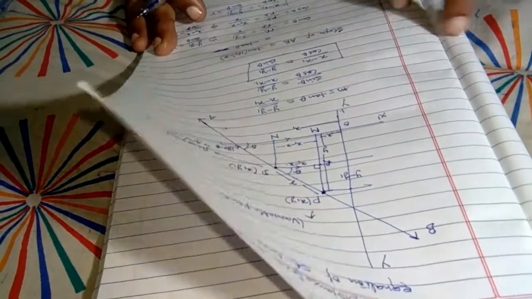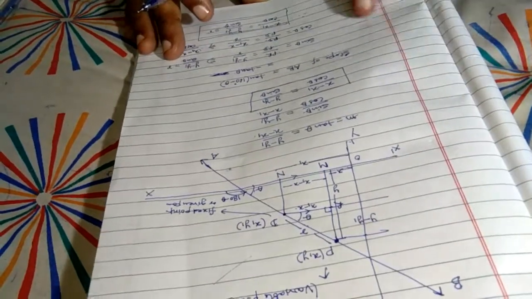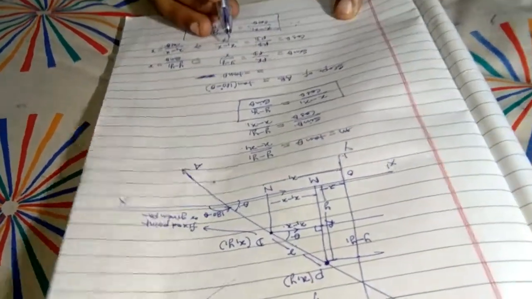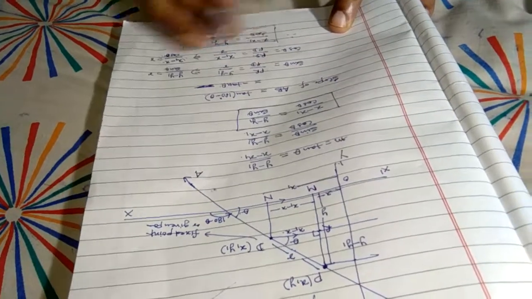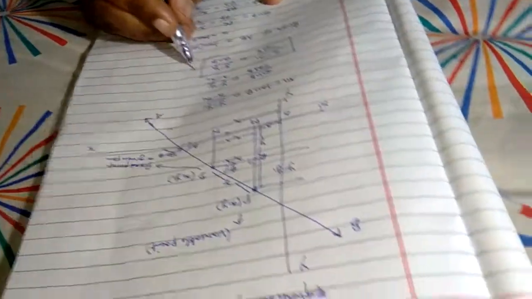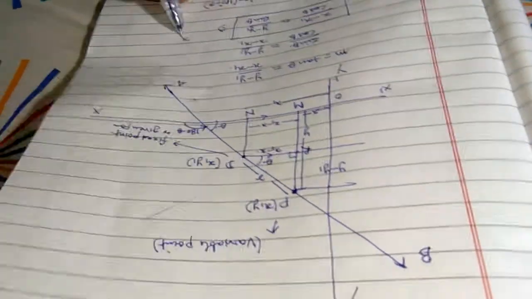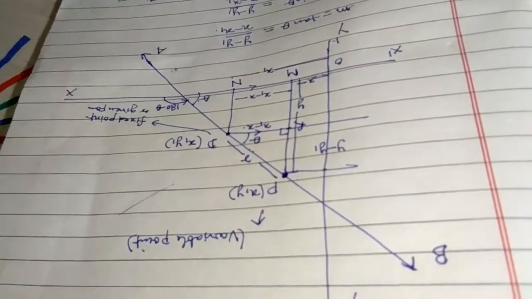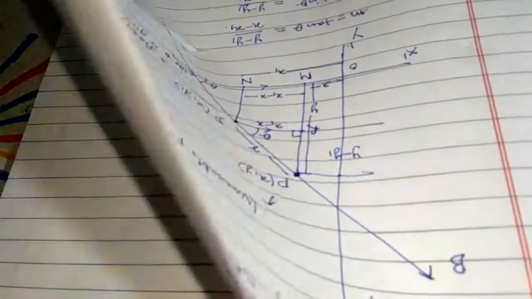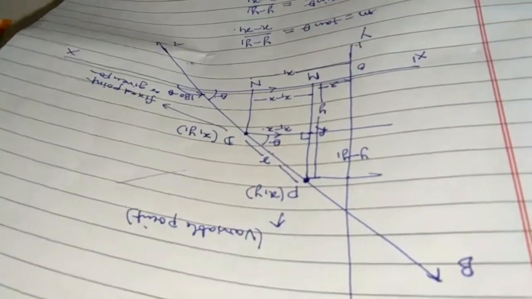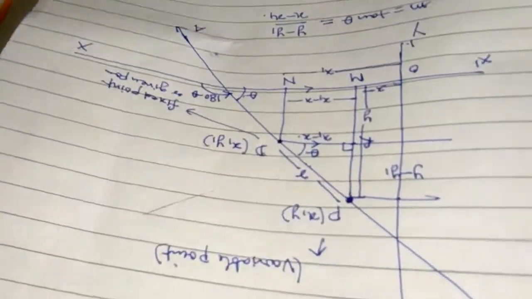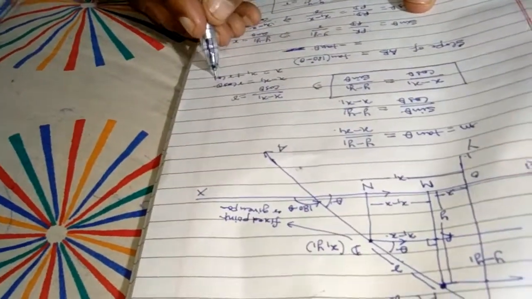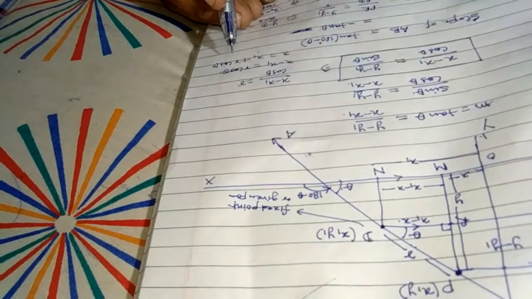Here we will find the coordinates of the point x, y. From x minus x1 by cos theta is equal to r, we get x minus x1 is equal to r cos theta. So x is equal to x1 plus r cos theta.